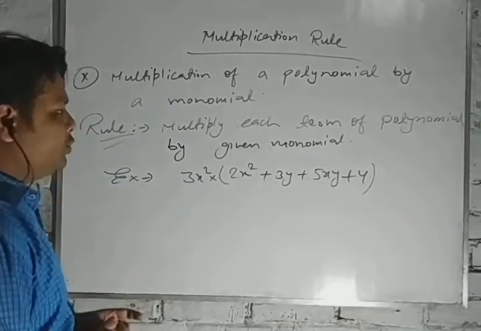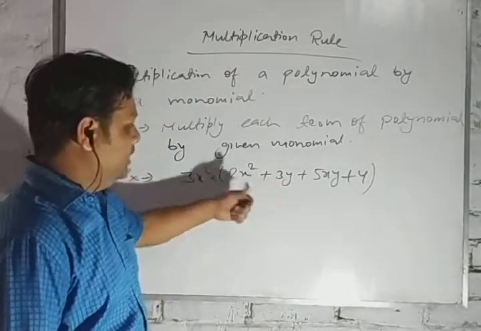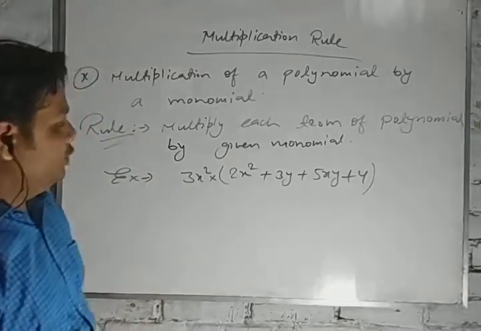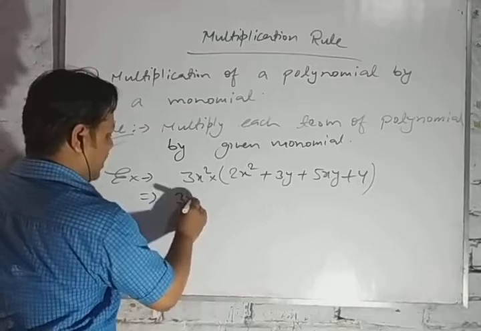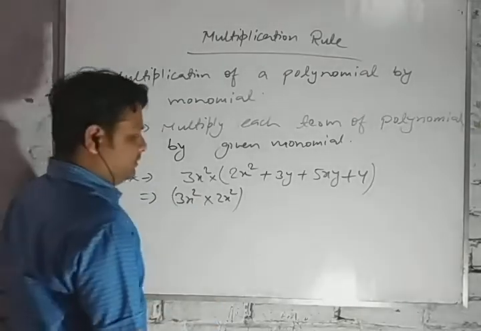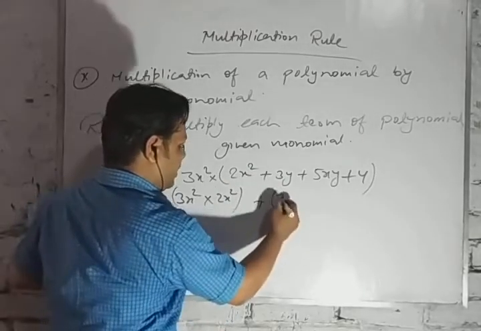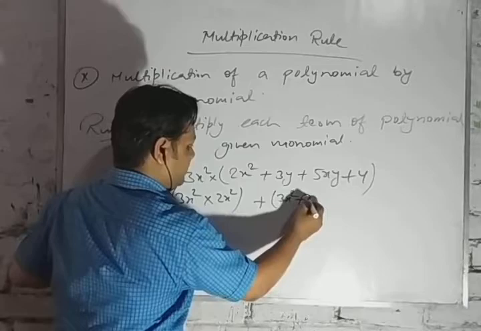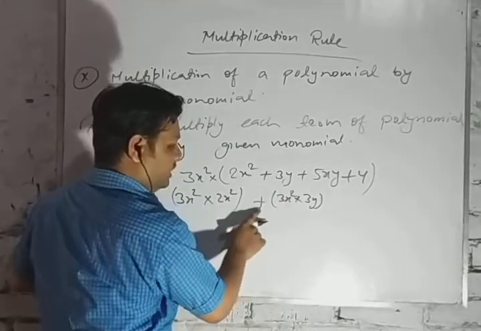Now we have to multiply each term of the polynomial with the monomial. Then at first we will multiply 3x square to 2x square. Keep it in bracket. Now here plus sign, then we will add plus sign. Then 3x square into 3y dear. Plus is already written outside.